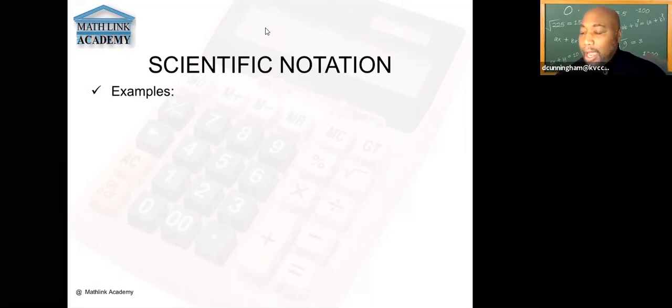Similarly, I'm going to show you something. Let's say I've written this down: 3.681 times 10 to the negative 3. Let's say I give you scientific notation and I'm asking you to convert that to a decimal number. What we're going to do is look at our exponent. It's negative 3.